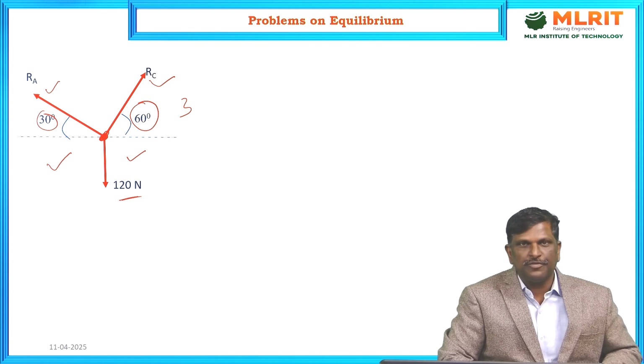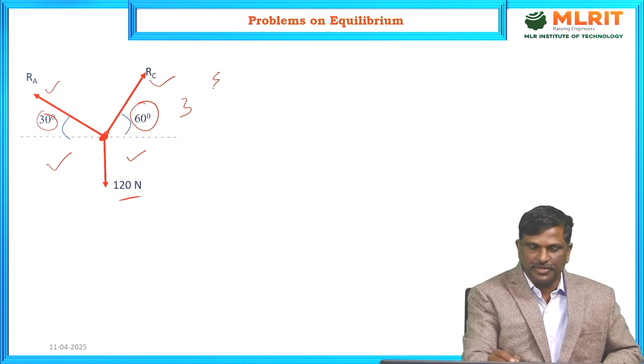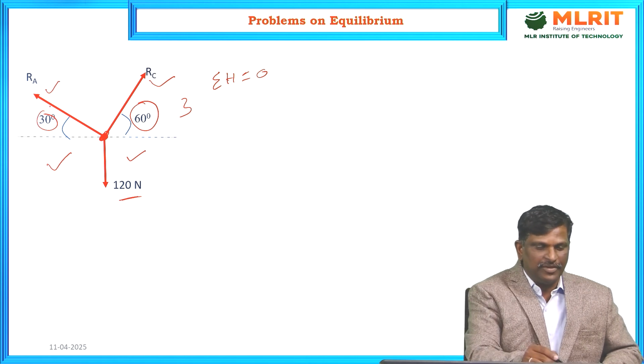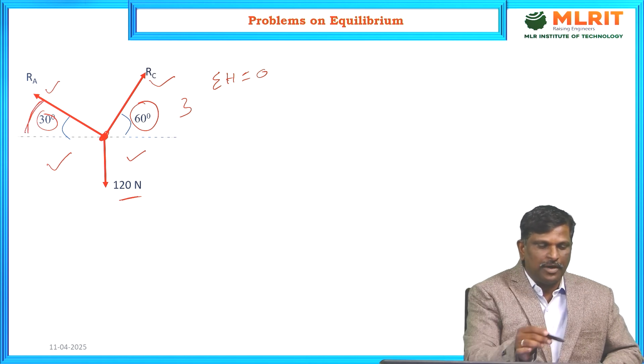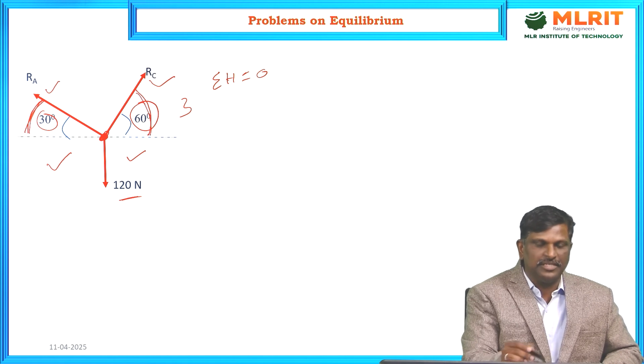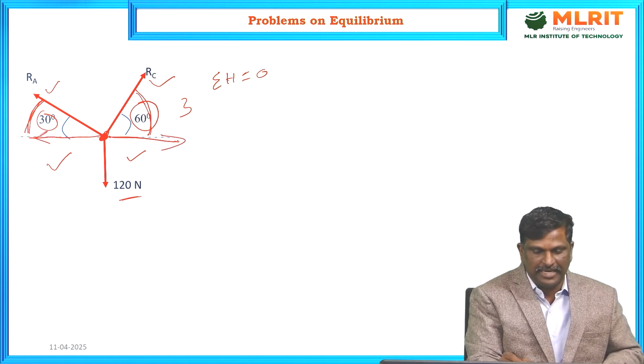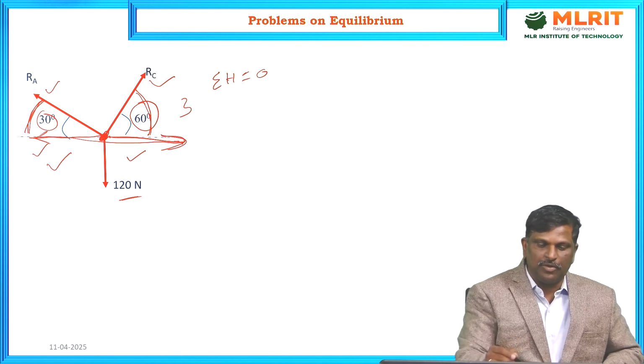In the resolution of forces, sigma H is equal to 0, sum of all horizontal forces equal to 0. Here we have two components, RA cos 30, RC cos 60. These two are the horizontal components of the reactions. So two forces are there and they are in opposite direction.